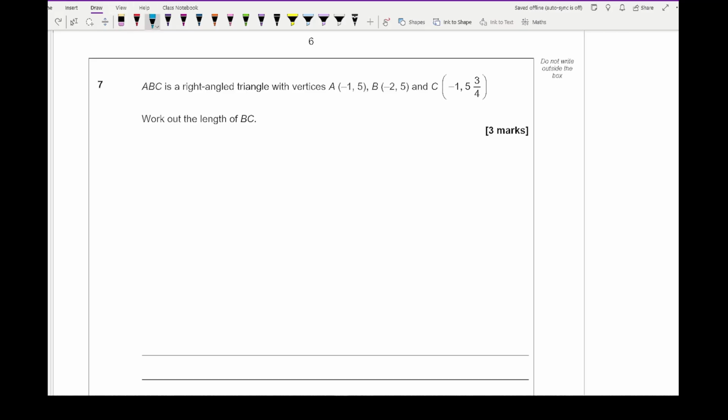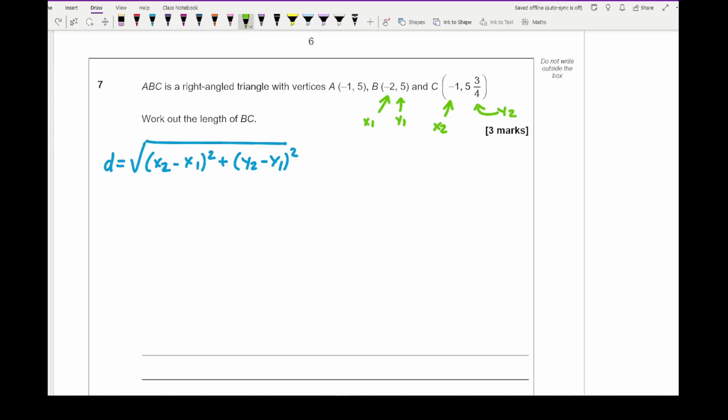Now to work out the distance between two coordinates, we need to use the formula D equals the square root of (x2 minus x1) squared plus (y2 minus y1) squared. And the coordinates that we're using for BC, this is going to be my x1, this is going to be my y1, this is going to be my x2, and this value here will be y2.